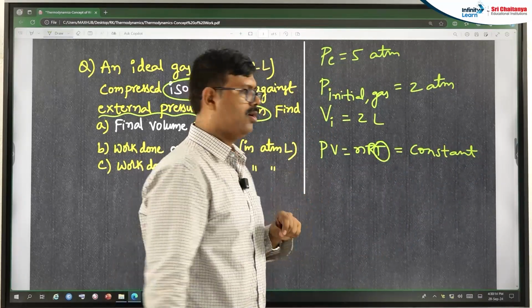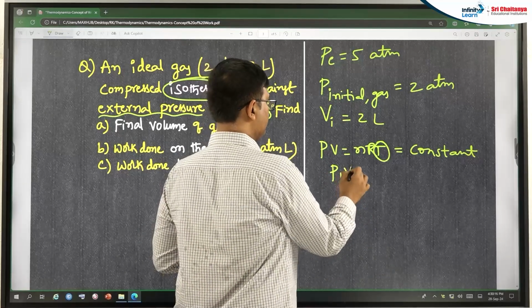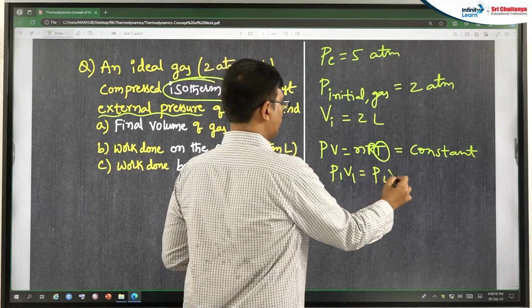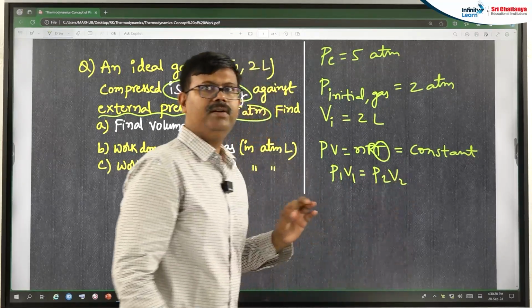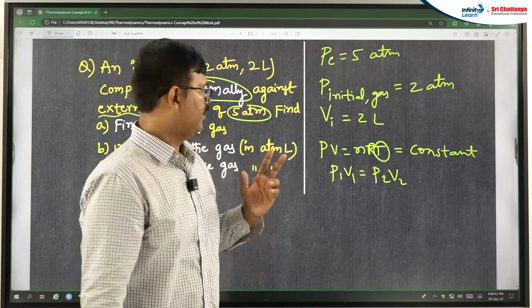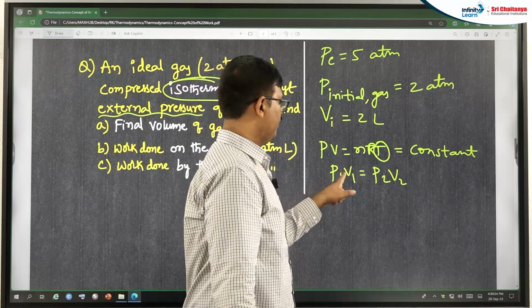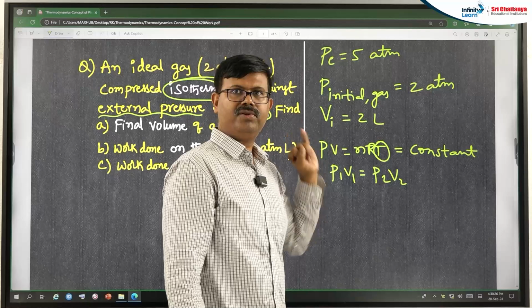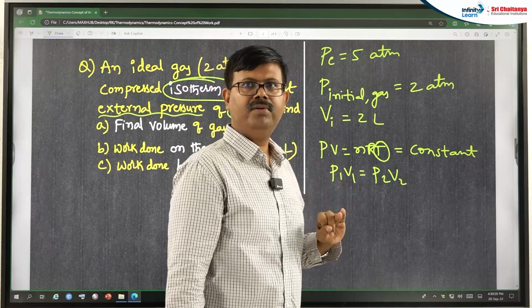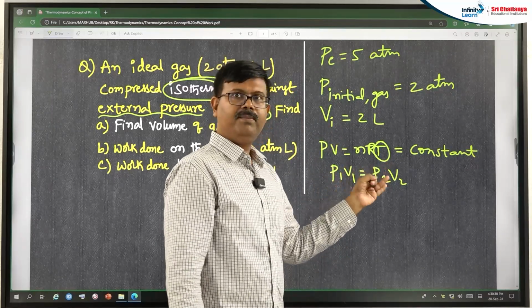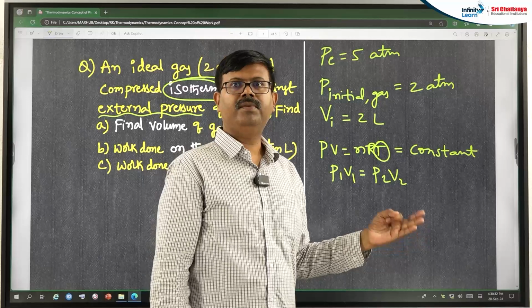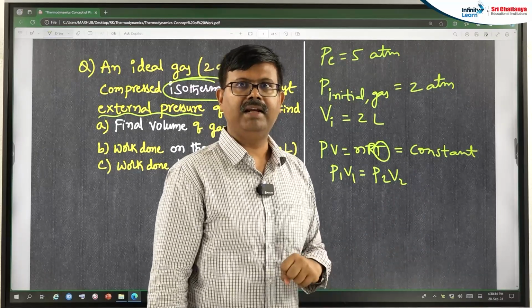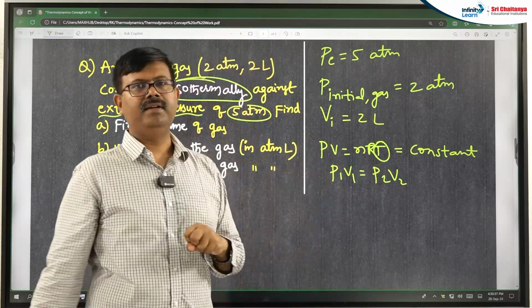If PV is equal to constant, can I write P1 V1 is equal to P2 V2? Now, P1 we know, given in the question, V1 also we know, final pressure we don't know, and final volume we need to calculate. How to solve this then?